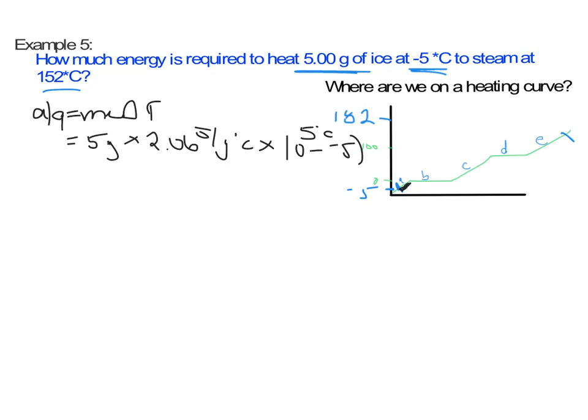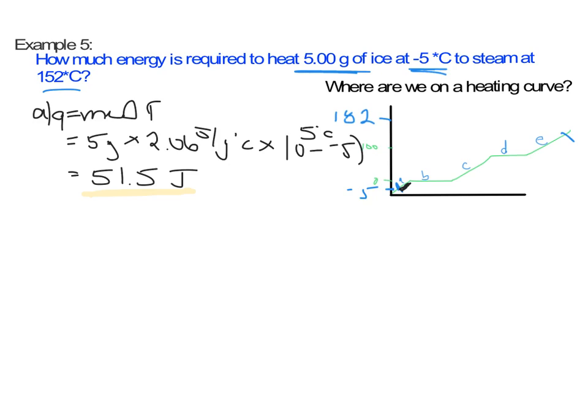So when you multiply those guys out, you're going to get, let's see, 5 times 2.06 times 5 is going to equal 51.5 joules. So that right there is going to be the amount of energy it took to get that ice cube to 0 degrees, to get it to start melting.